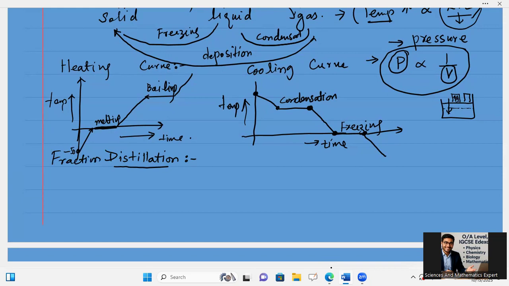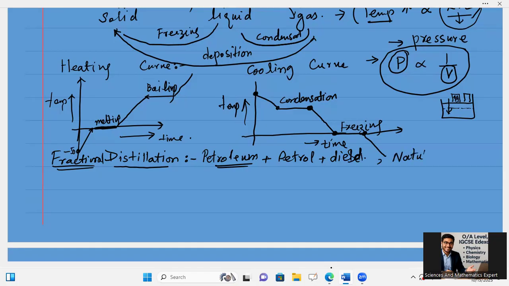Fractional distillation is a process in which, for example, you are taking petroleum and you want to separate out its mixtures. You want petrol, you want diesel, you want jet fuel oil, you want natural gas.